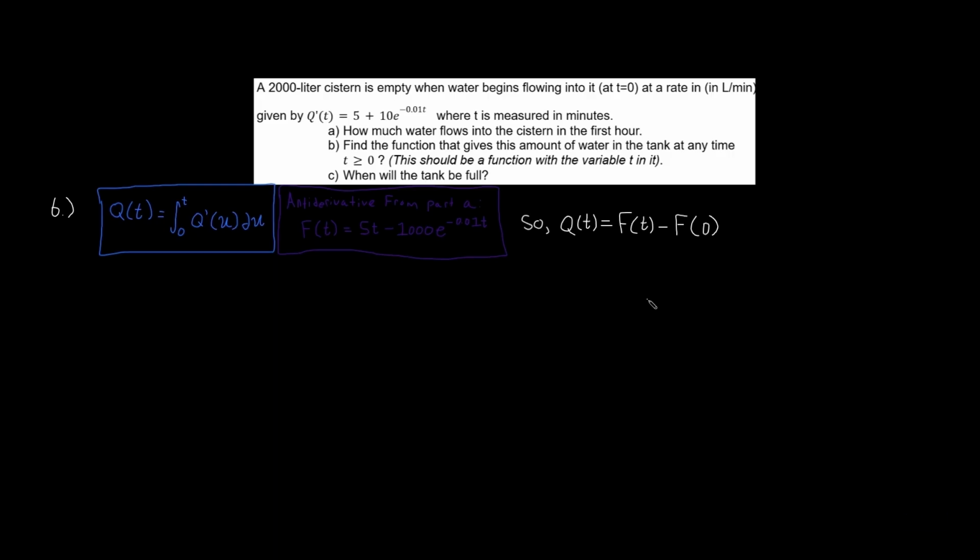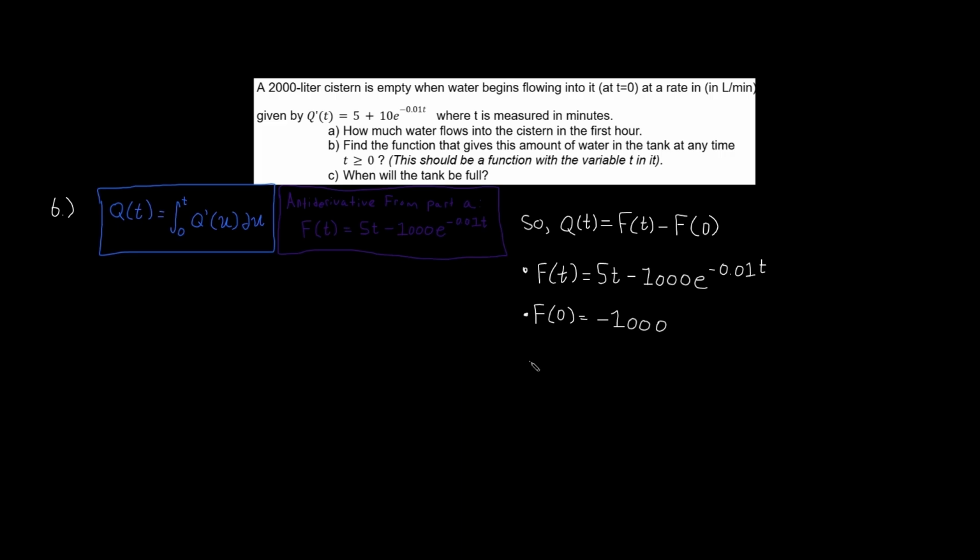So q of t equals f of t minus f of 0. Now f of t equals 5t minus 1000 times Euler's number raised to the power of negative 0.01 times t. Great. And f of 0 is going to be negative 1,000.